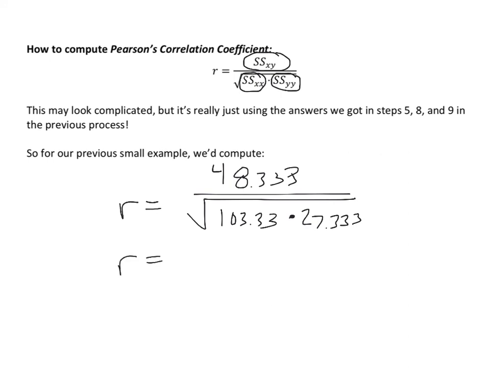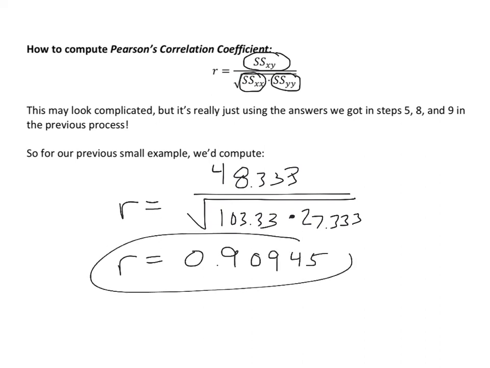When you throw all that into your calculator, you find that your r value is 0.90945. Notice that this is close to +1. Because of that, we suspect that there is a strong positive correlation between temperature and precipitation based on this data.